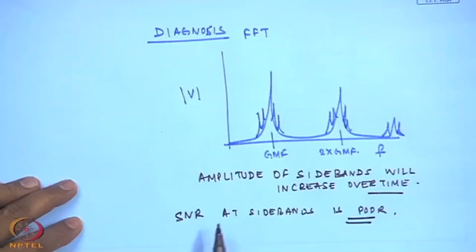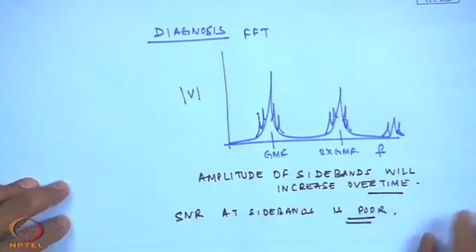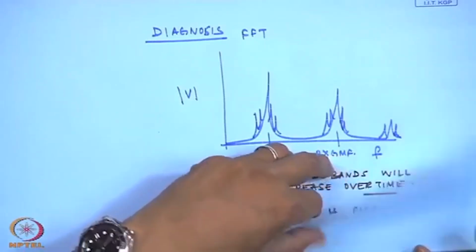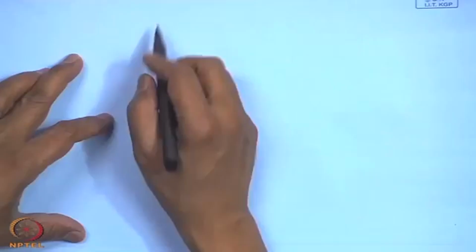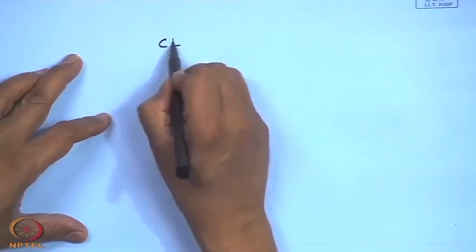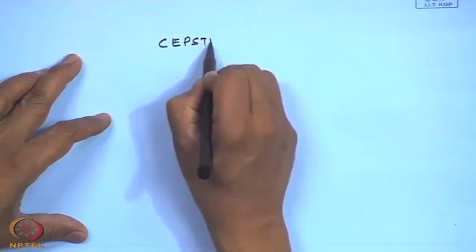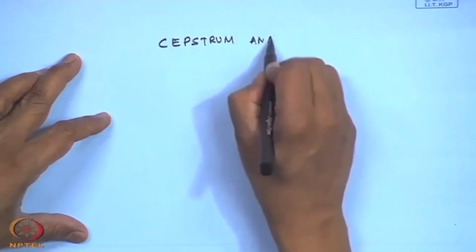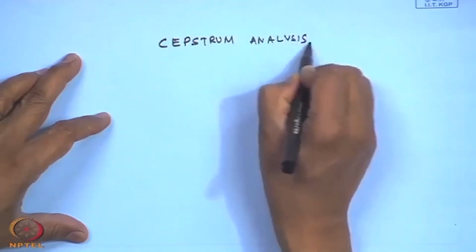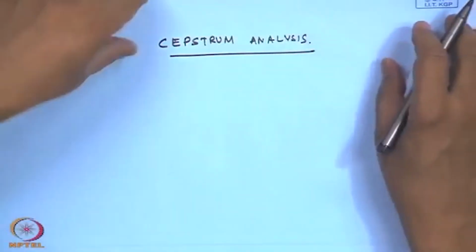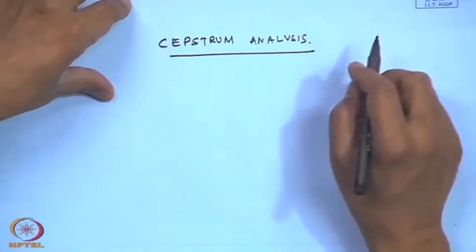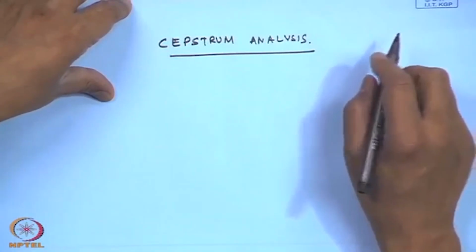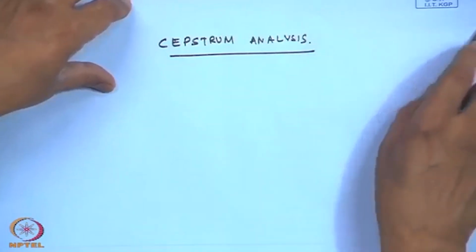So, we have to find an improved signal processing technique to detect such sidebands, and that is what is known as cepstrum analysis. We had an entire class on cepstrum analysis, and there also I believe I had covered gearbox fault detection. I will give you some examples.